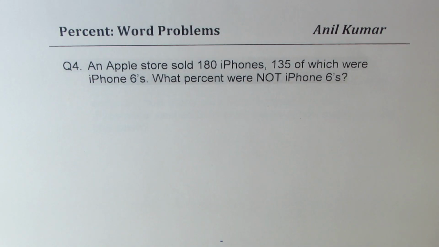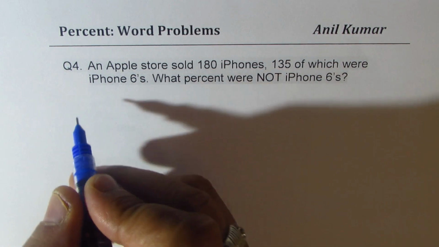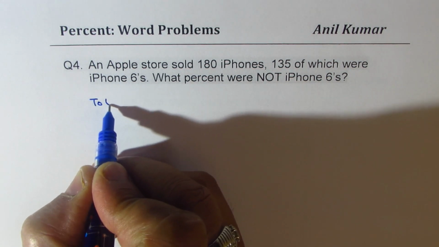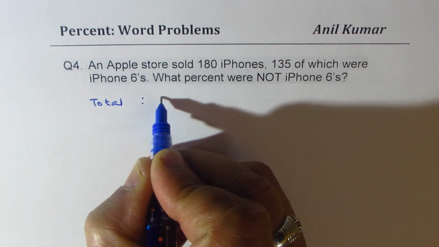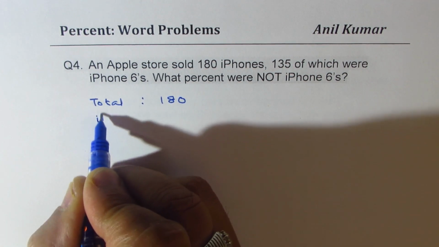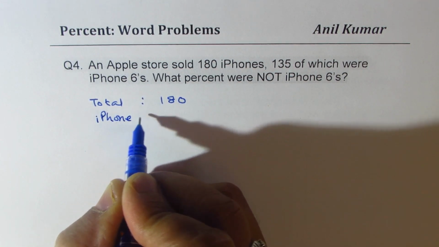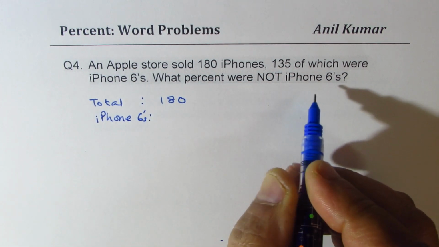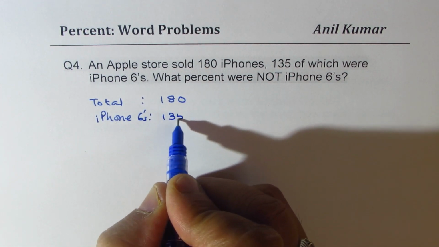An Apple store sold 180 iPhones, 135 of which were iPhone 6. What percent were not iPhone 6, right? So what we know here is that the total sale is of 180. Now how many iPhone 6? iPhone 6 are 135.